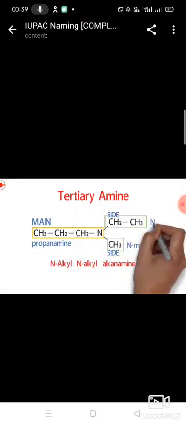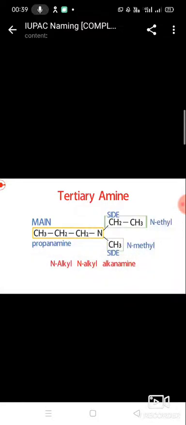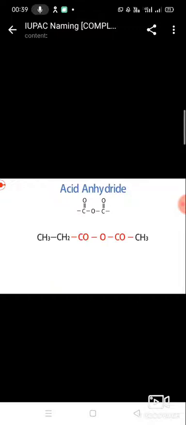So N-methyl, N-ethyl. We have to use alphabetical order, so ethyl comes before methyl. So N-ethyl, N-methyl propanamine. That is a tertiary amine.